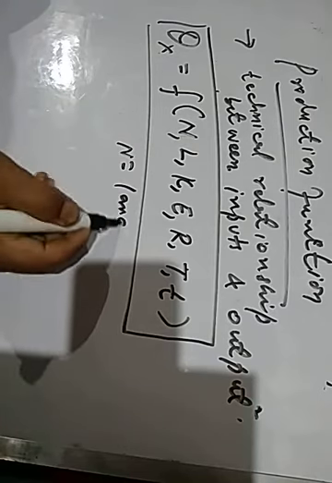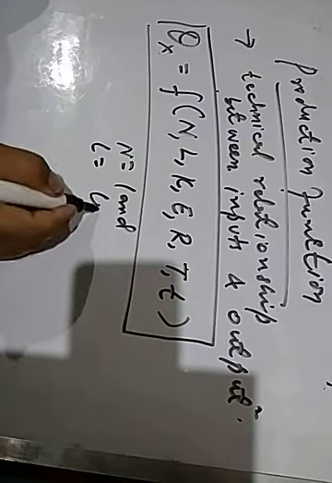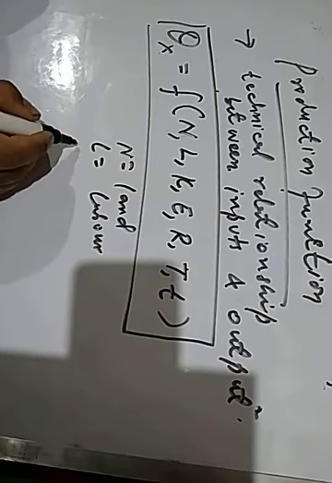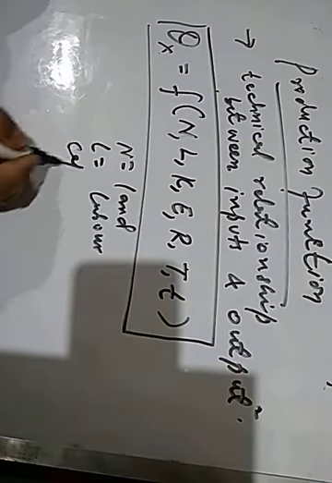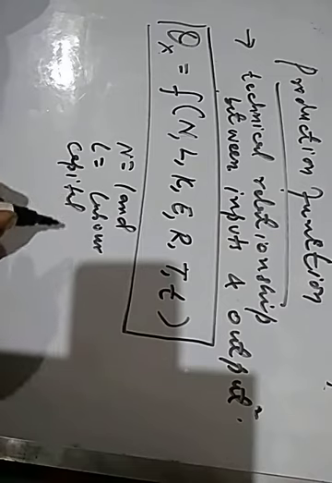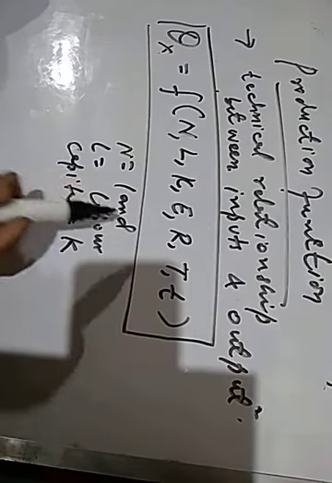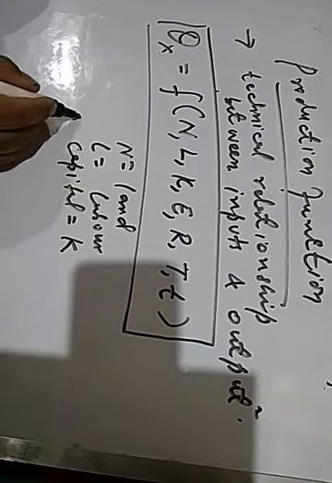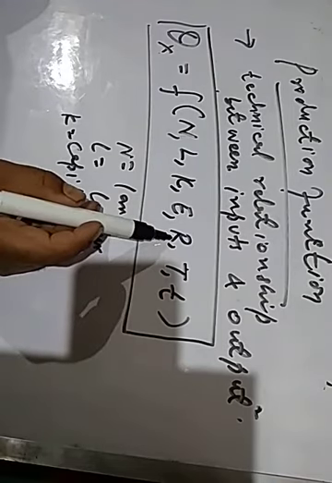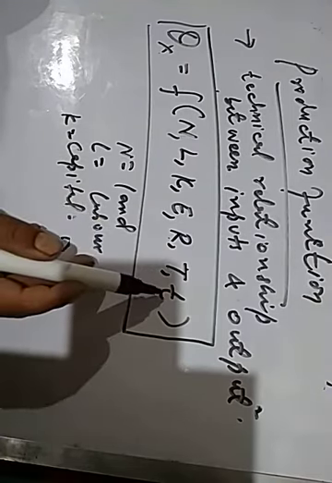N is land, L is labor, in economics capital is denoted by K, entrepreneur, R is raw material, T is time, and this small t is technology used in the production process.